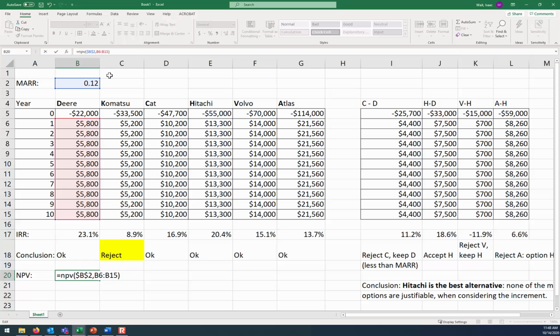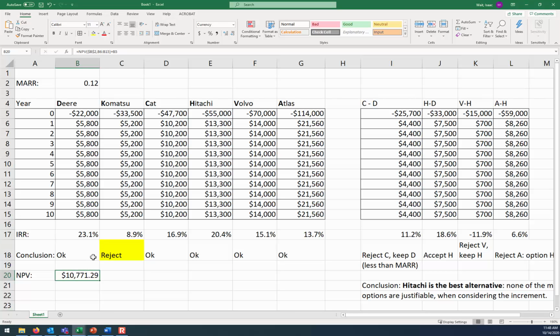And then outside of the NPV function, I need to add in year 0. Since year 0 is already at the present, it doesn't need to be included in the NPV function. So the overall net present value, when we discount at 12%, is $10,771 for Deere. And so it's acceptable.